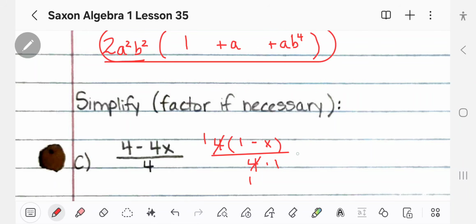So we can cancel those, which, remember, means we're dividing by 4. So in the numerator, we have 1 times 1 minus x, which is just 1 minus x. And in the denominator, we have 1 times 1, which is just 1. But the simpler way to write it would just be 1 minus x, because a 1 in the denominator does not change the value.